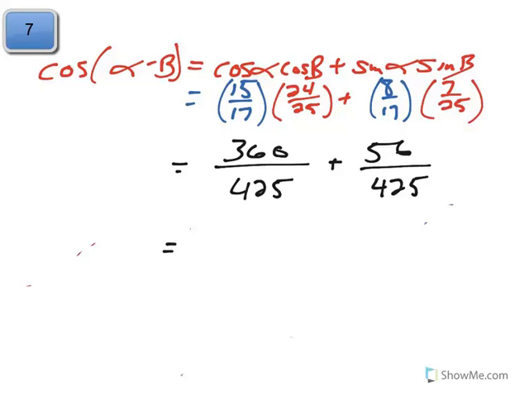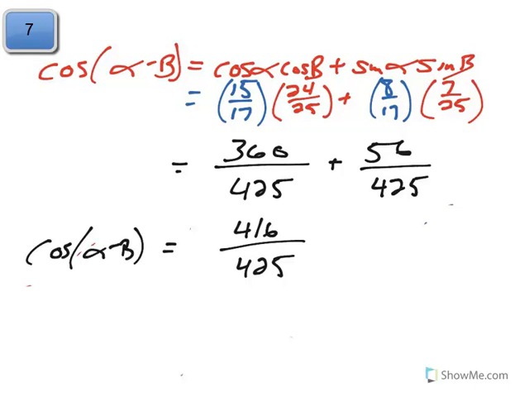When you add those two fractions, you add the top numbers, you don't add the bottom. You're going to get 416 over 425. If those two numbers have common factors, you should reduce it. And I think that you'll find that they don't have any common factors. So I believe this is what cosine of alpha minus beta is.